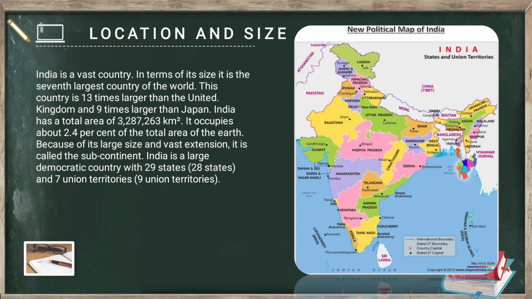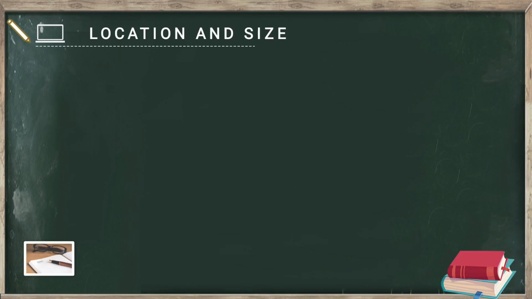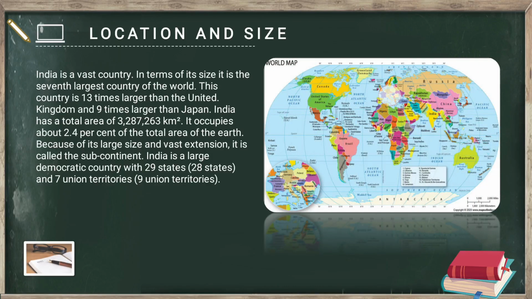So overall, where is the earth? This is the globe. Of the total land area of the world, India occupies 2.4% of the total area of the earth.